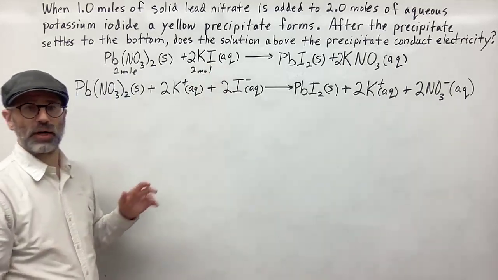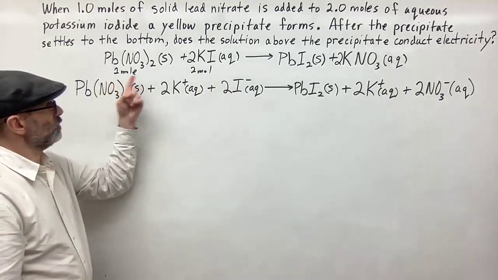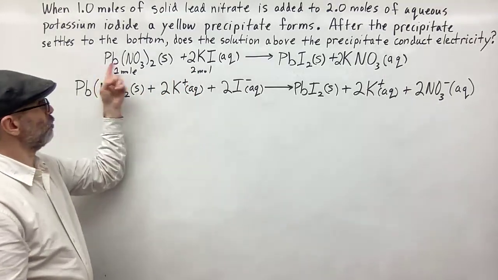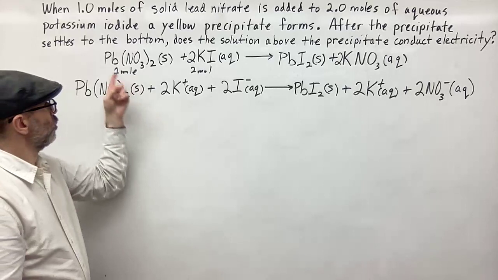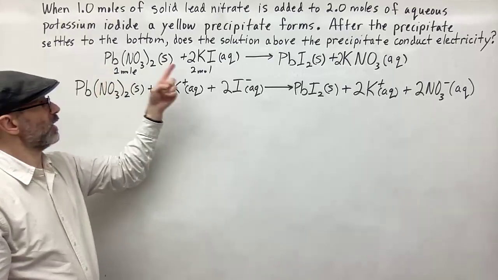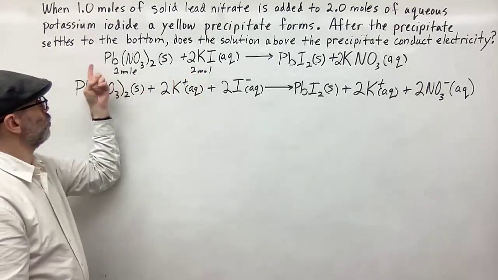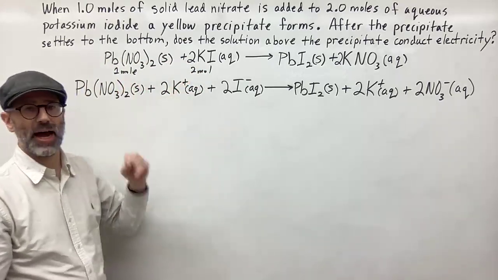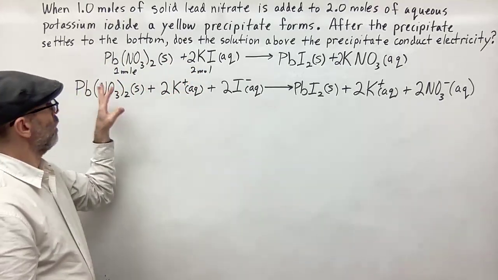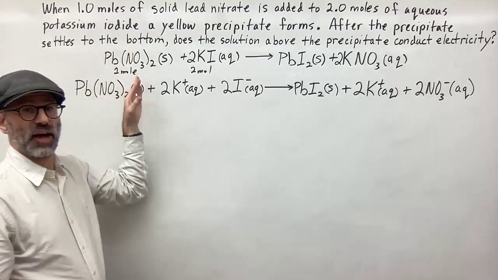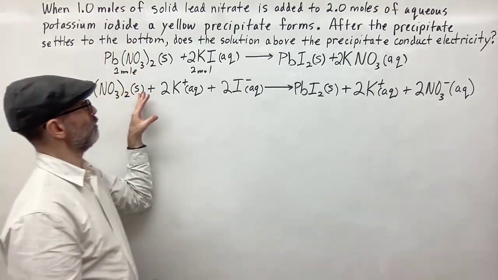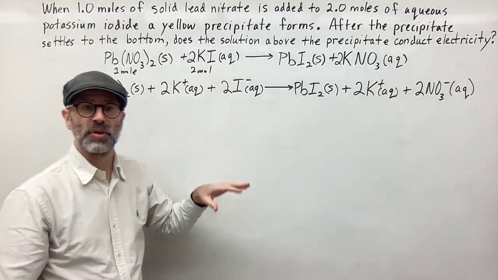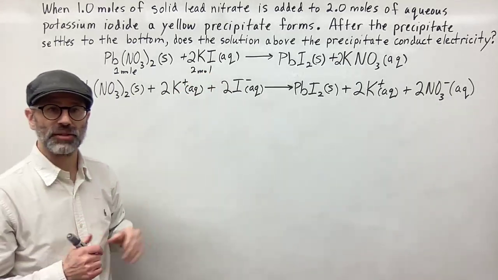Now notice right away that the moles they give us match the ratio of the moles in our balanced equation. The mole ratio between lead nitrate and potassium iodide is 1 to 2, and that's exactly the mole ratio that we have, which means that the solid here will completely react with the aqueous solution here. So we have a complete reaction.